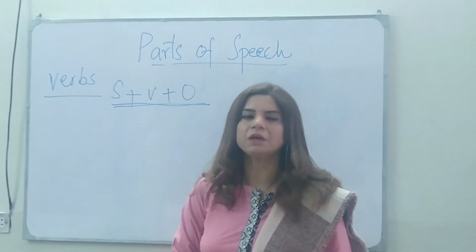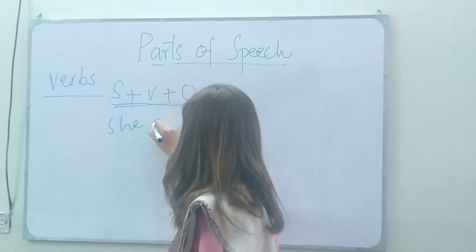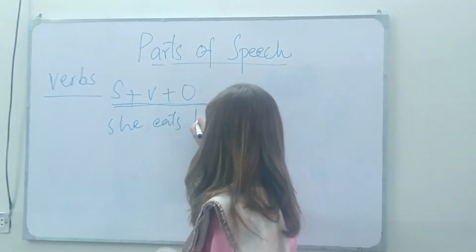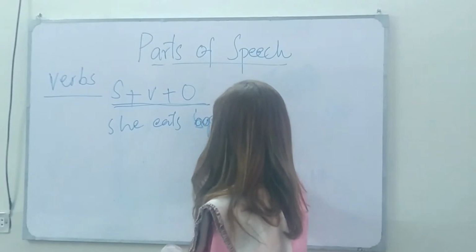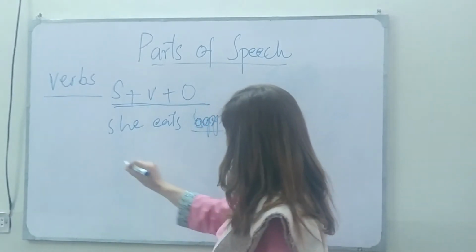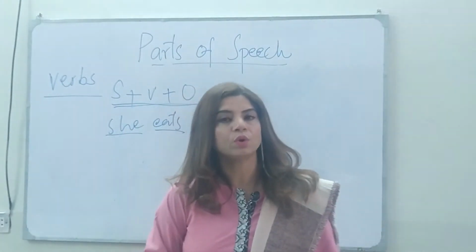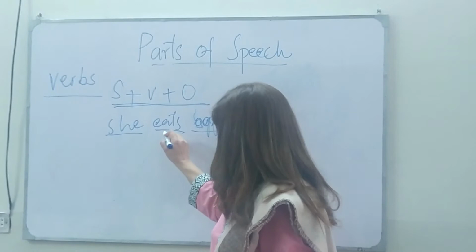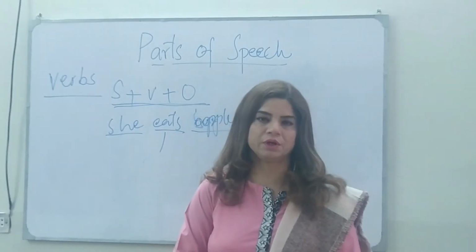As it is the main verb: she eats apples. Apple is the object, she is the subject, and eats is the verb. This verb is predicating, is telling you what she is doing.